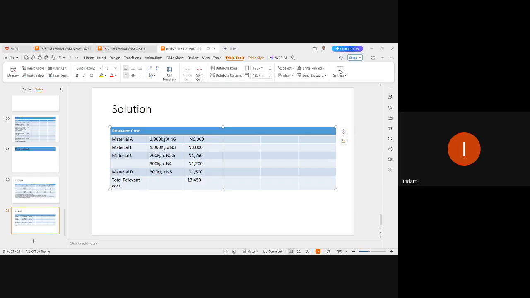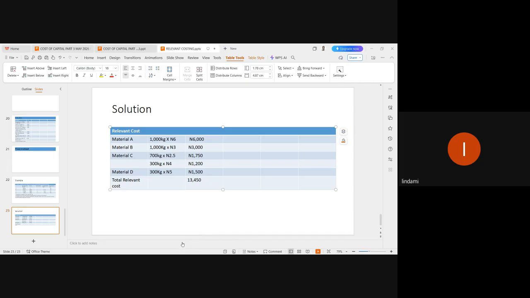Each component is being transferred to Tedex, taking account of Toka's opportunity cost of the component. The variable cost of Toka is 280 naira per component.